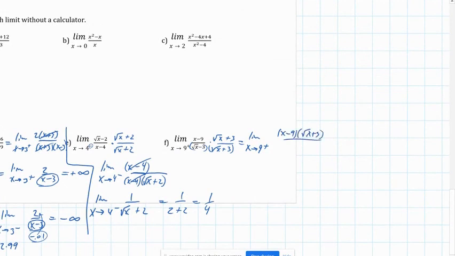In the denominator, we have x minus 9. The x minus 9's cancel. So now we get the limit as x approaches 9 from the right of just 1 over root x plus 3. And as we get close to 9, this part gets close to 3. So it just becomes 3 plus 3, or 6.